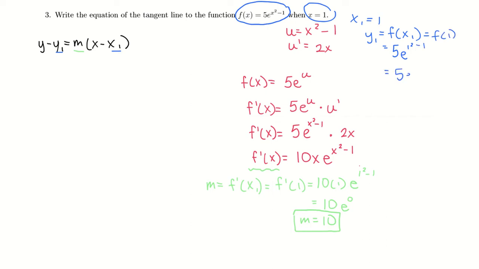This is 5e to the 0, which is just 5. So y1 is equal to 5. So we now have our x1, y1, and m values to find this line. y1 is 5, x1 is 1, and m is 10.